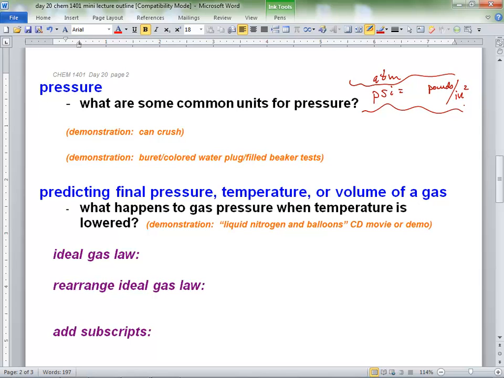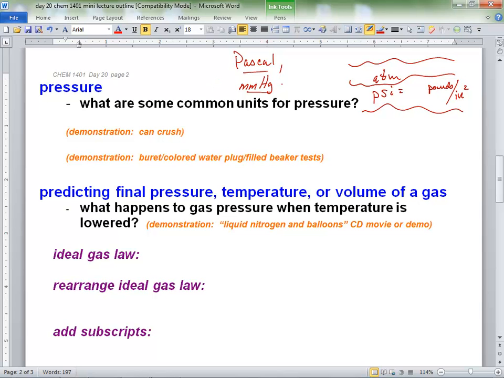Anyone familiar with any more of them? There's Pascal, P-A, Pascal. That's another one. Use that a lot in advanced chemistry classes. There's millimeters of mercury, Hg, mercury, right? So there's a bunch.